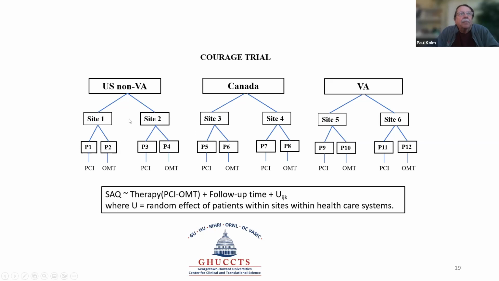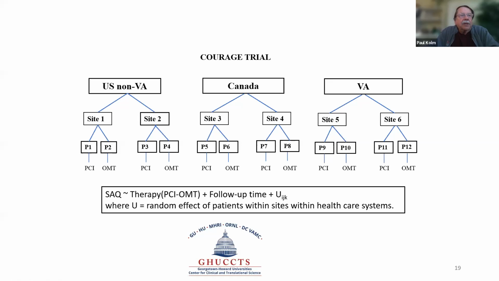So these might be participating hospitals, and obviously for each one there's more than two, but just for sake of illustration here. And then at each site, we have a number of patients that have been enrolled in the study. And these have then been randomly assigned to a treatment, PCI, percutaneous coronary intervention, or OMT, optimal medical therapy.